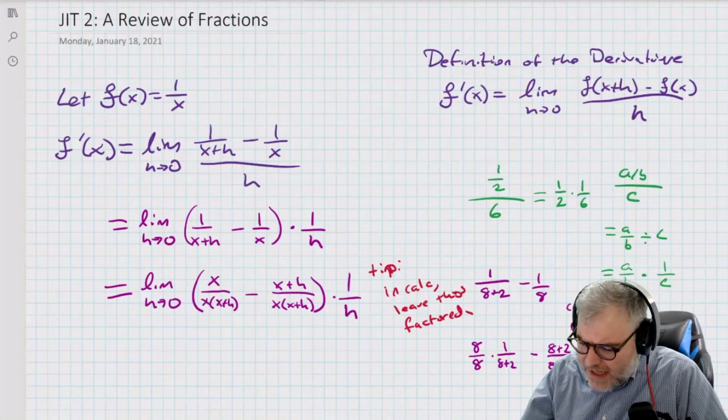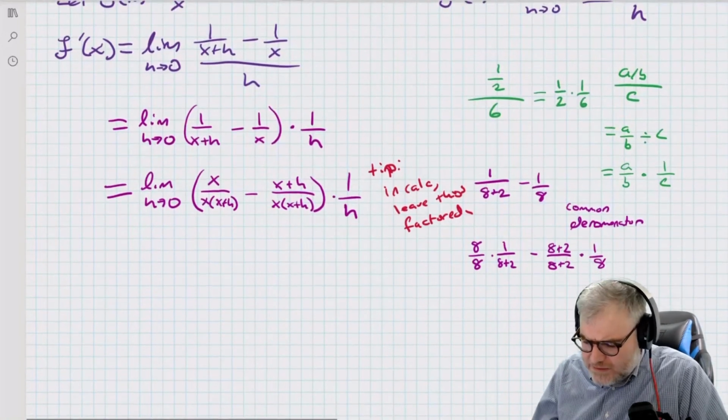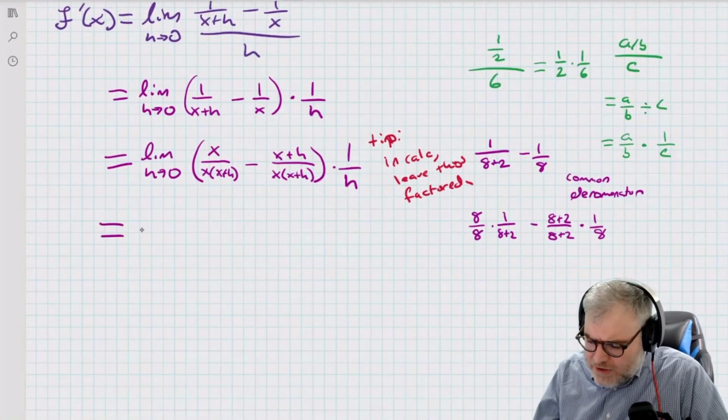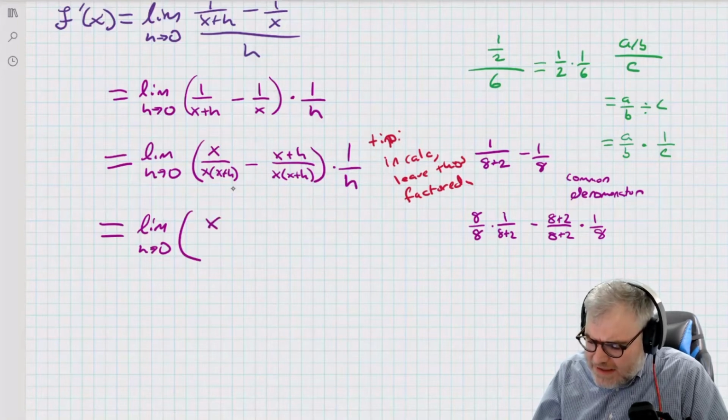So what I'm going to do next is lim h goes to 0. I'm going to carry around that baggage. And now, because I've got those terms, I'm going to combine the terms. So this is going to be x. Now, this minus needs to be distributed all across the top.